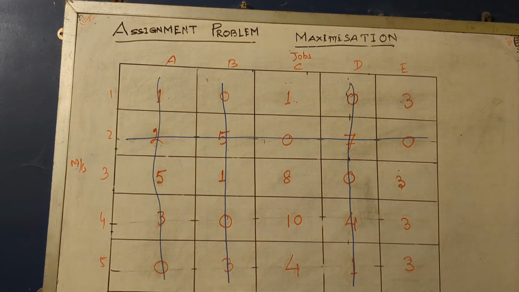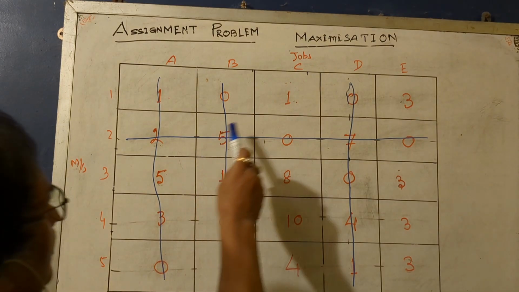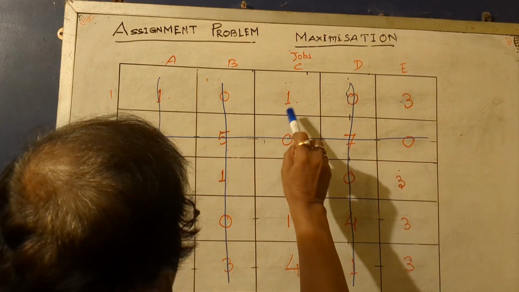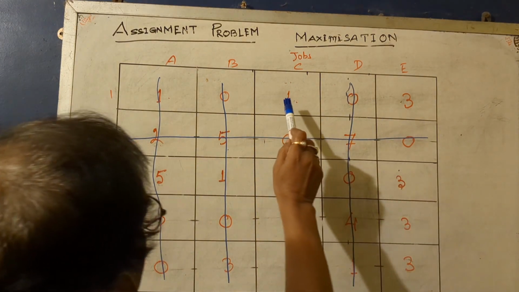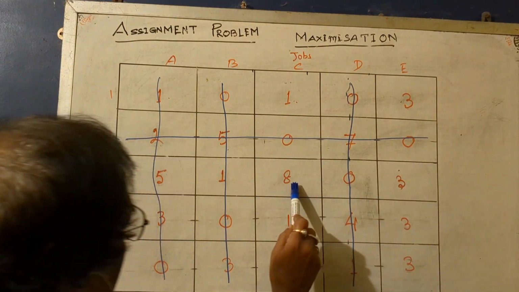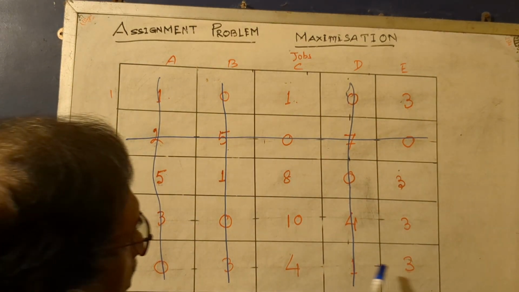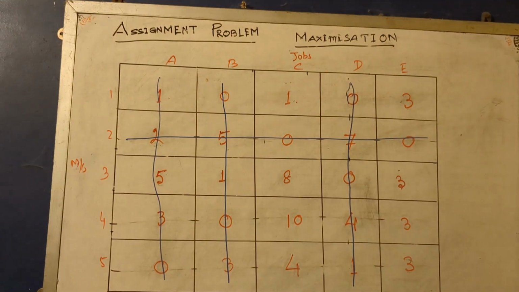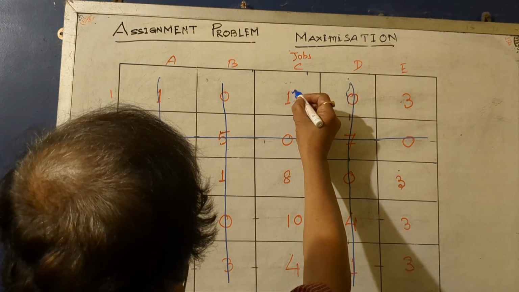What is the same process? Find out the lowest element from the remaining elements. These are the remaining elements: 1, 3, 3, 8, 10, 4. And what is the lowest element? The lowest element is 1.